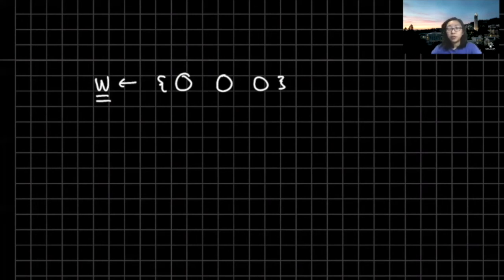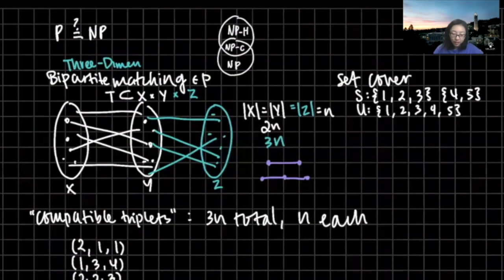The way we reduce 3D matching to subset sum is that we have to think about every dimension: the first dimension, the second dimension, and the third dimension. They partition a space, and this space has exactly 3n slots. Ideally, each slot is reserved for each of the 3n elements. So when do we have a perfect 3D matching? It's when we have zero empty slots. Notice how this is equivalent to saying there's exactly one element in one slot.